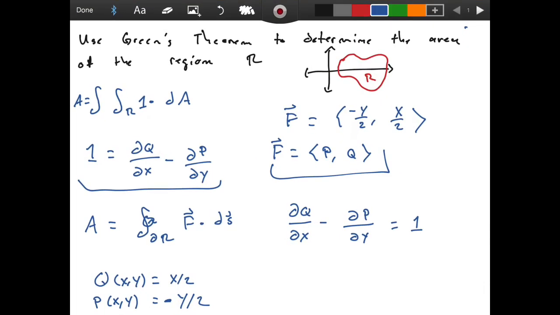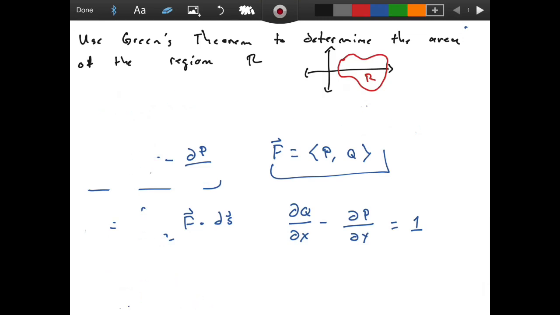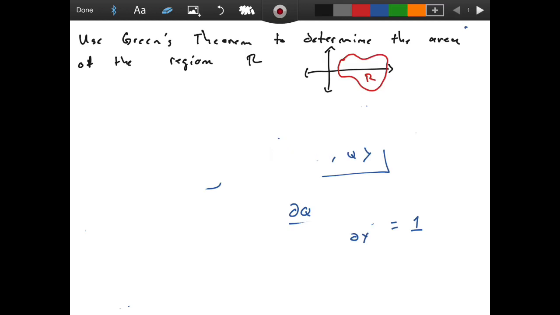But for this class, we're just going to use it to compute the area of a circle. That's what we are asked to do in the problem. So let's go ahead and do that. Let me get back up there. The particular problem I'm looking at, your version might be a little bit different.